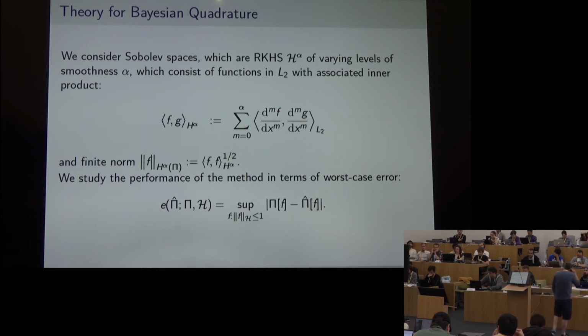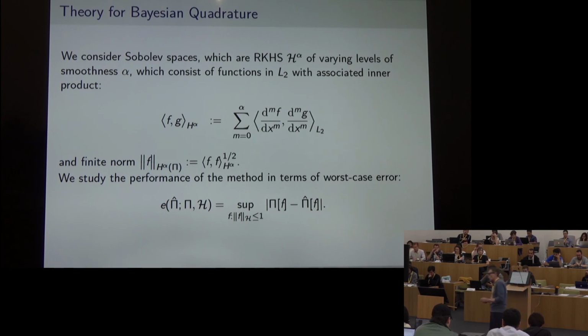So the first thing is that we are dealing with functions which are going to have a certain level of differentiability, and therefore we are dealing with reproducing kernel Hilbert spaces, Sobolev style function spaces, which define the levels of smoothness. So again, we saw this today regarding the differentiability of the functions of interest.